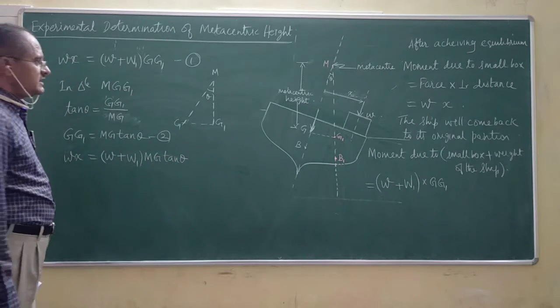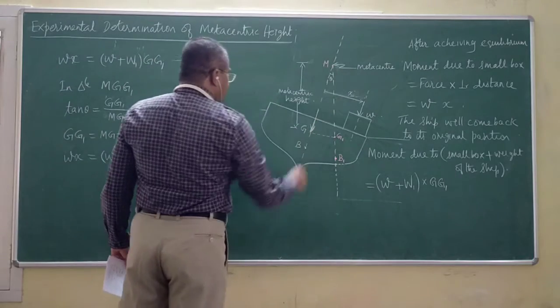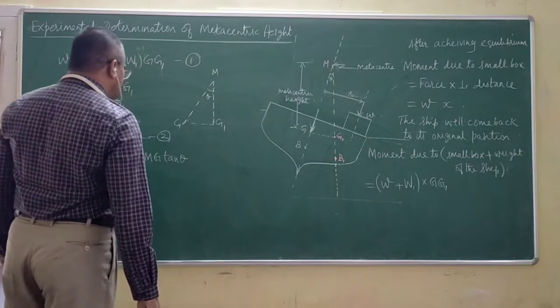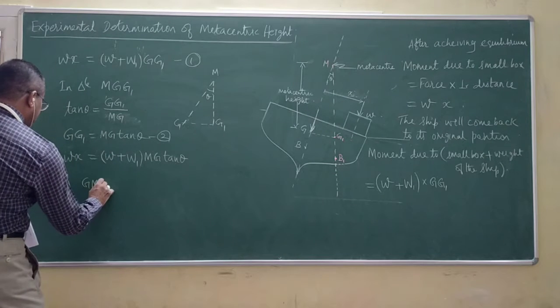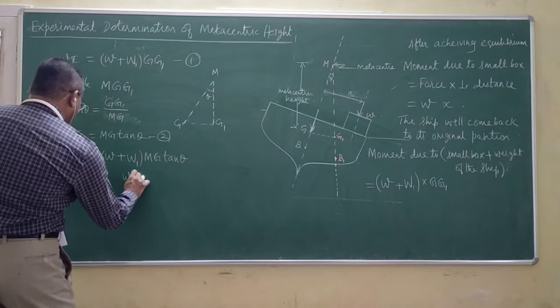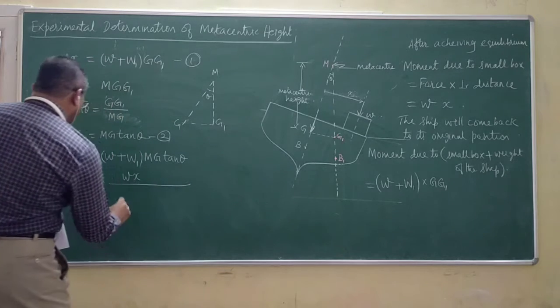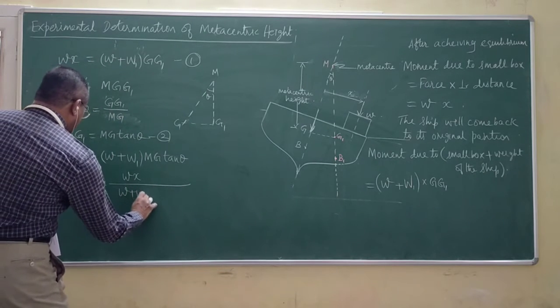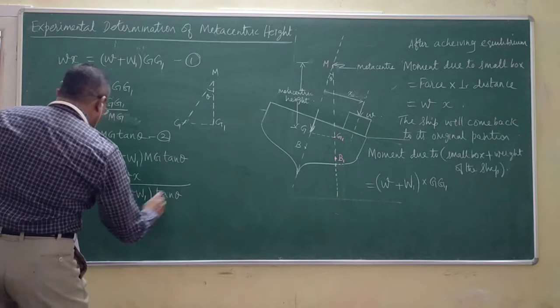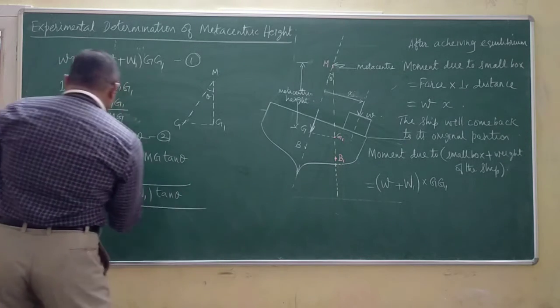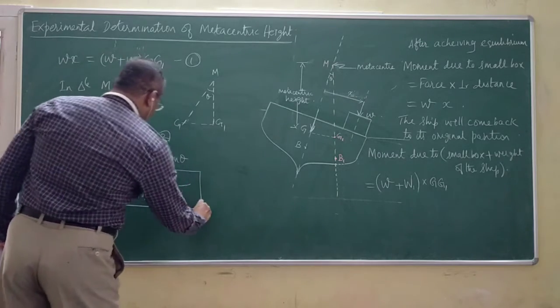What are we interested in? We are interested only in MG. Therefore, our GM is equal to Wx upon W plus W1 into tan theta, which will give you the metacentric height of the ship.